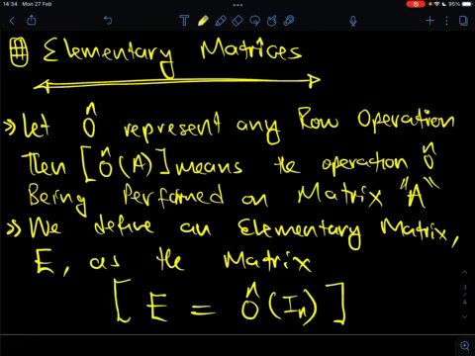An elementary matrix is a matrix that is obtained by performing a row operation on the identity matrix.